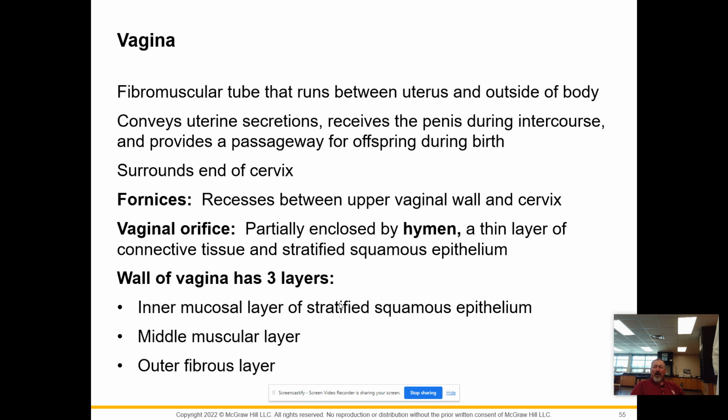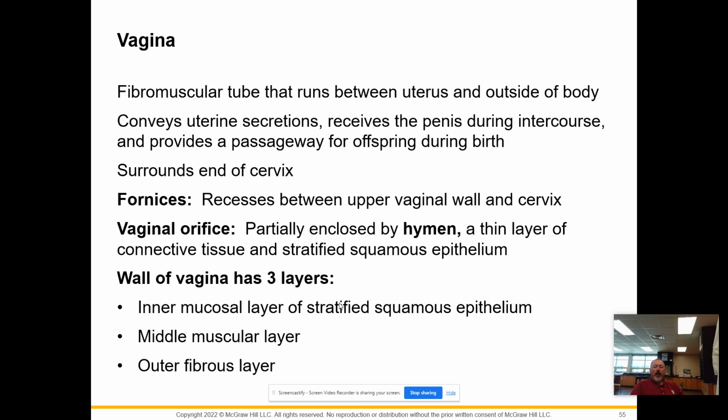You can say that. But it doesn't have to be a sexual experience. It could be just a person falls and you can land on your butt and tear this. This is a thin piece of tissue. And you would have light bleeding if this is the case. And typically it does not heal back over to create a complete sheet again. Instead, it's just gone and it's no big deal.